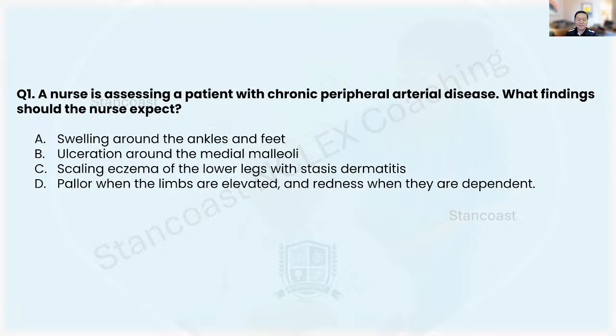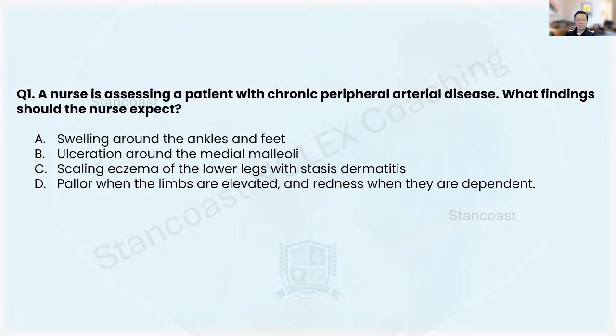What findings should the nurse expect? Is it A, swelling around the ankles and feet, B, ulceration around the medial malleoli, C, scaling eczema of the lower legs with stasis dermatitis, or D, pallor when the limbs are elevated and redness when they are dependent?